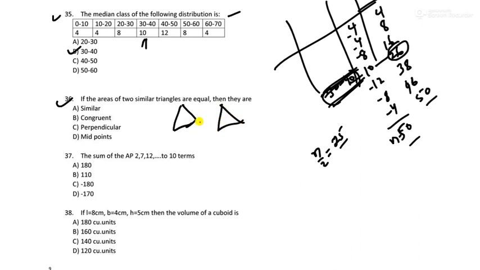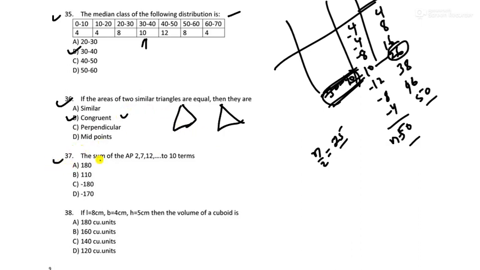When is the area equal? When the sides are the same? Even if it is different, we can say it will be congruent. If the area is the same, it means the sides are also the same.